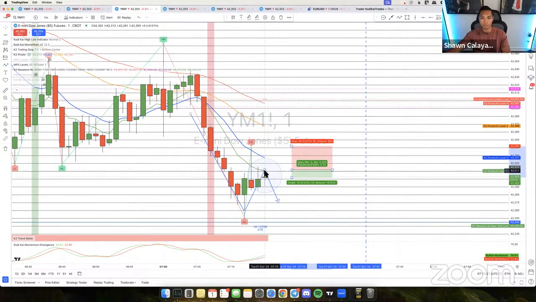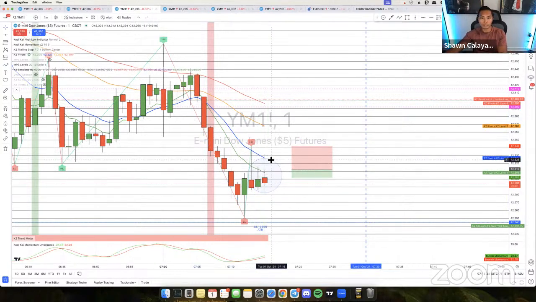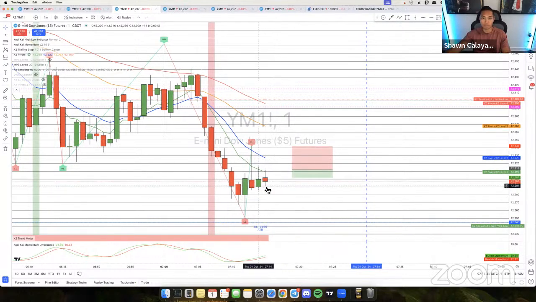That one's done. Now you have to wait again for this to close below and then swing back up. So right here, price is just going to hang out. Come down a little lower. And then we'll look for opportunity again right here on the next candle.